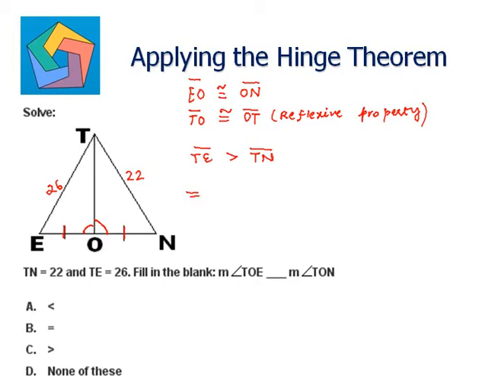So the angle opposite to side TE is angle TOE. We can say measure of angle TOE will be greater than measure of angle TON, which is opposite to TN. So TOE is greater than TON. So C is the answer.